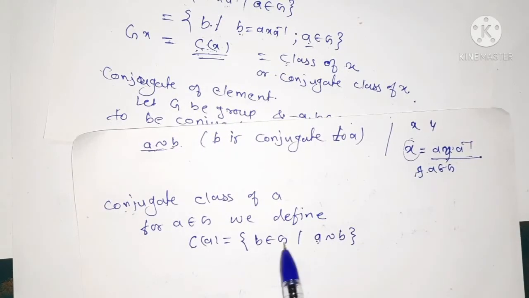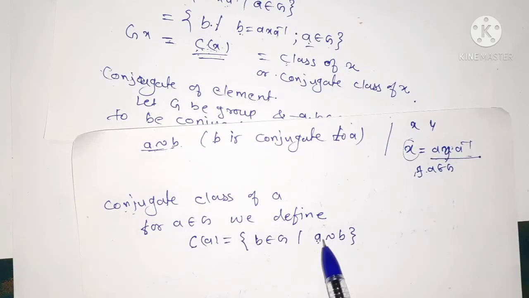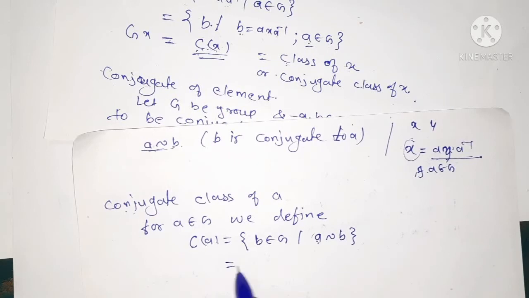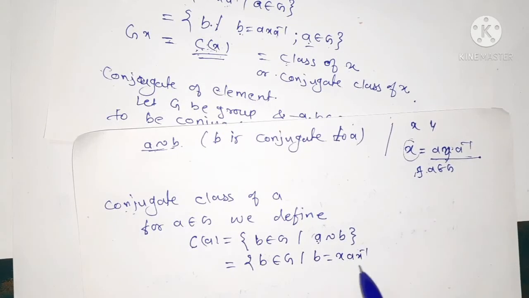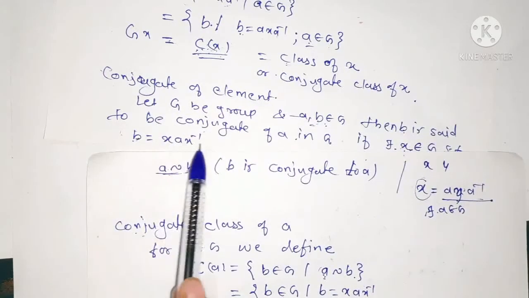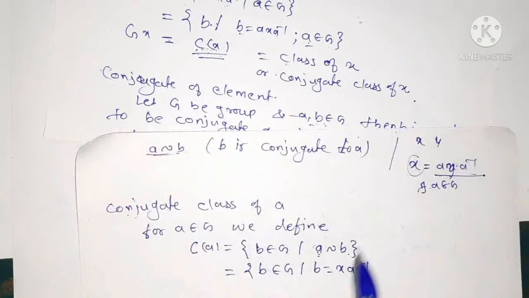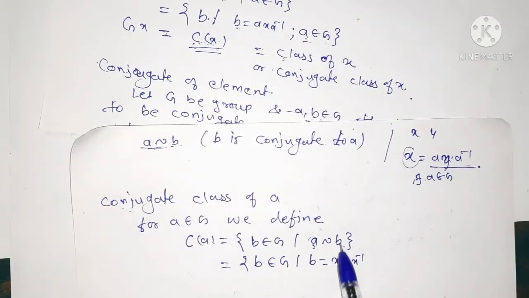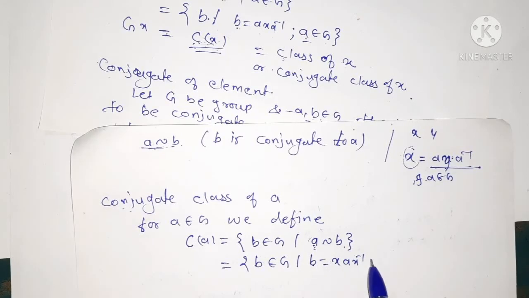So we have considered here the set of all those elements of the group G which are conjugate to this element A, that is equal to the set of B belongs to G such that B is equal to XA X inverse, because when we say conjugate to A, B can be written in this form, XA X inverse. A is equivalent to B means B is conjugate to A, and therefore by the definition B is equal to XA X inverse.